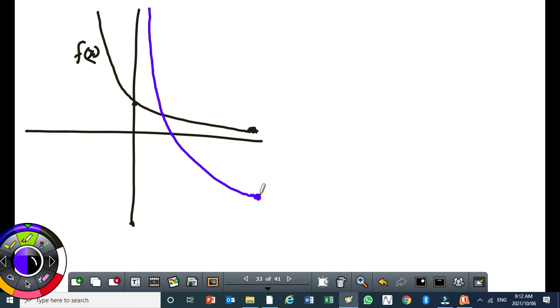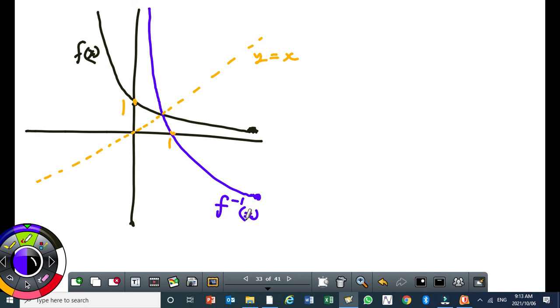Okay? Then you can add that line y equals x. So this is the line y equals x. So they are like that. And here, x is 1. Here, y is 1. Right? So the blue one, this will be f minus 1 of x. That's it.